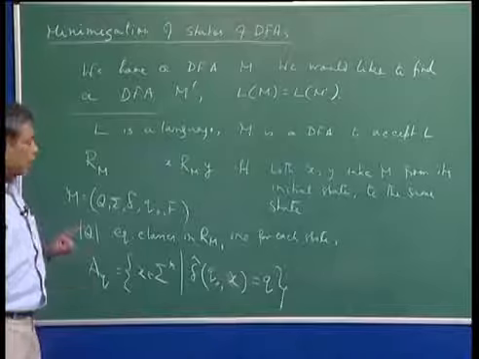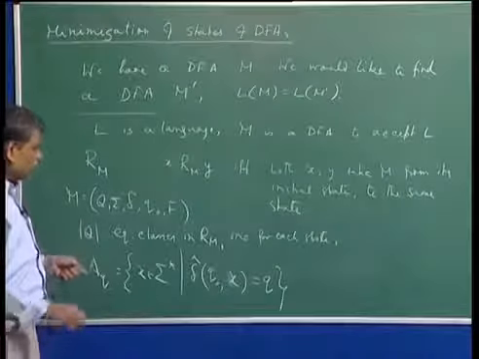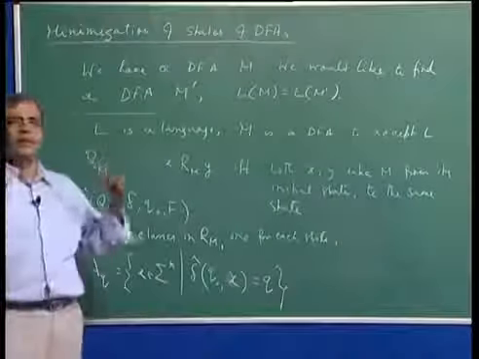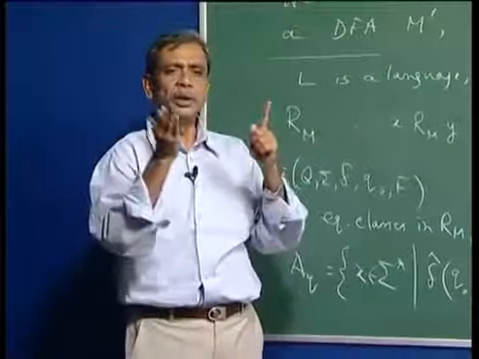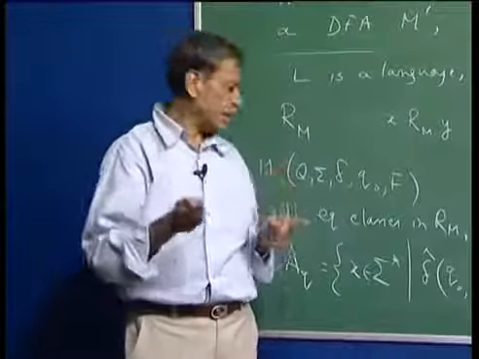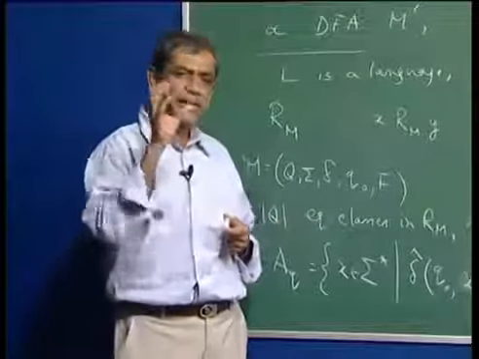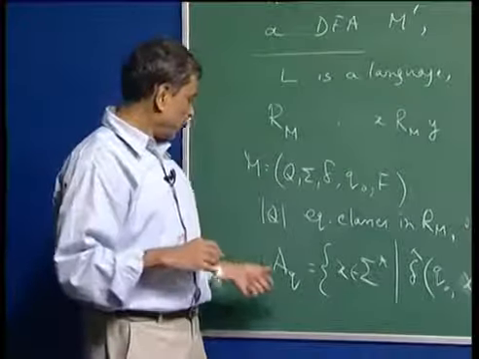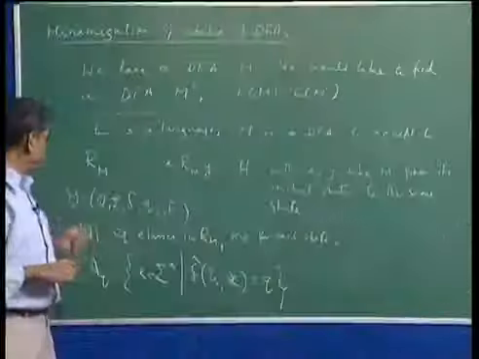So what it means is that Σ* is partitioned into equivalence classes, and each equivalence class corresponds to one of the states of the machine M.